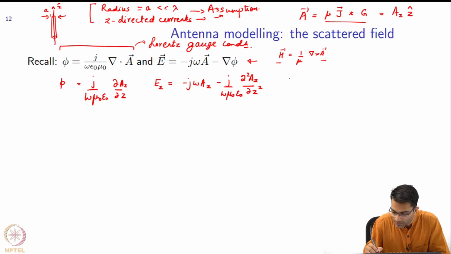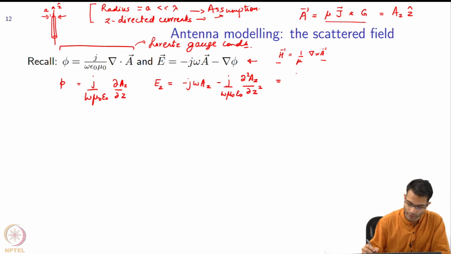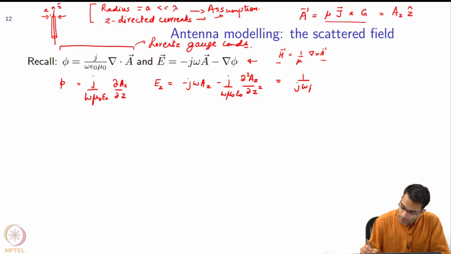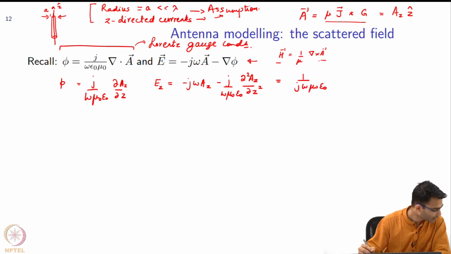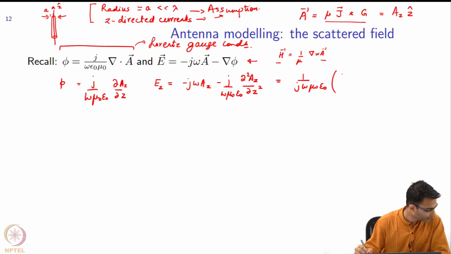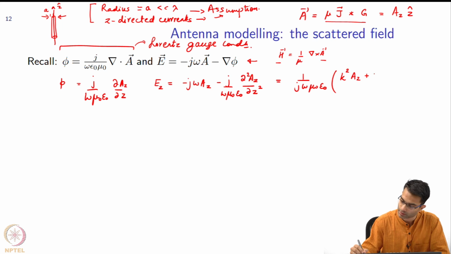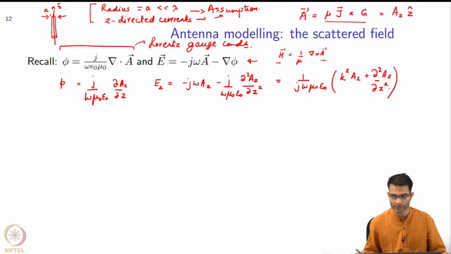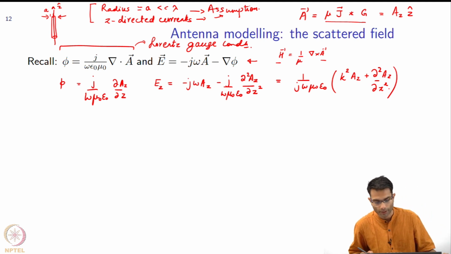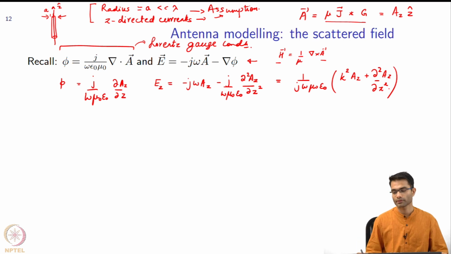Okay, so let's take all of these terms outside. I am going to get a 1 by j omega mu naught epsilon naught, and I am going to be left with k squared Az plus the second derivative term. I have just taken omega mu naught epsilon naught constant outside.